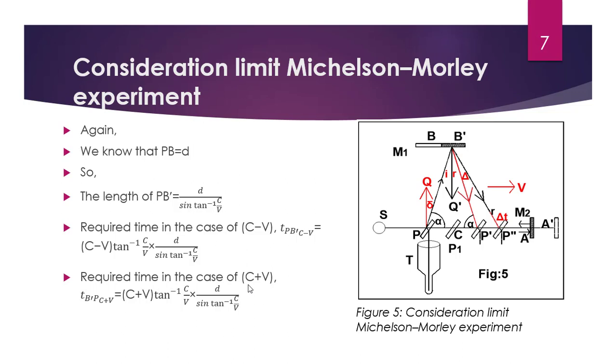And the required time in the case of C plus V direction is C plus V into tan inverse C by V into D by sin into tan inverse C by V. If the light came in the opposite direction, B dash to P dash, P dash to P, then this thing will work.